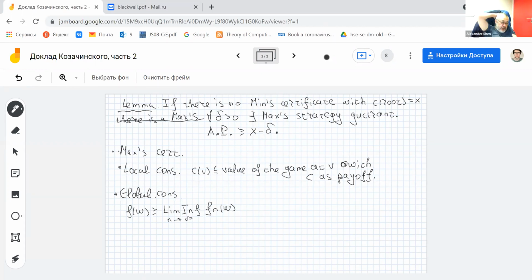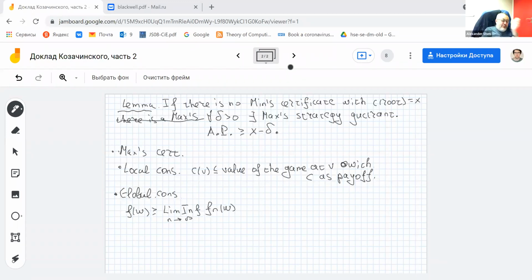Actually, this will correspond to lim_sup in the definition. So indeed for max we need the stronger version of the certificate lemma. The existence of such a certificate guarantees that if we use the natural strategy of max, the average payment is at least C of the root.